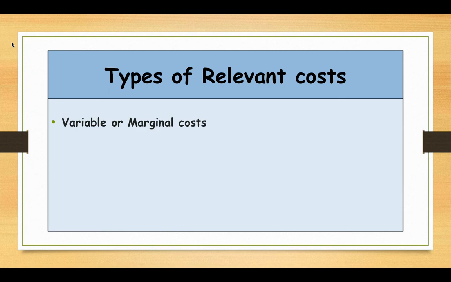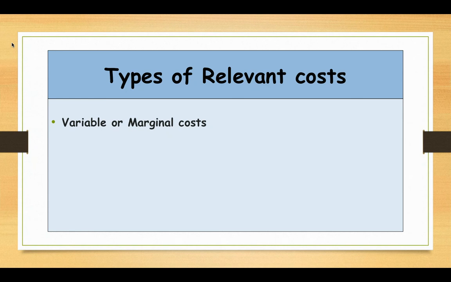We are going to see different types of relevant costs. The first one is variable cost or marginal cost. Generally, variable cost or marginal cost, they are relevant costs. But we need to look at the situation when deciding. For example, material cost is a variable cost.